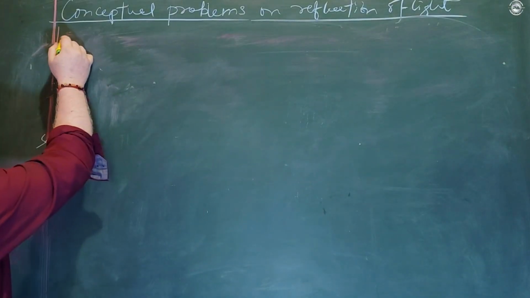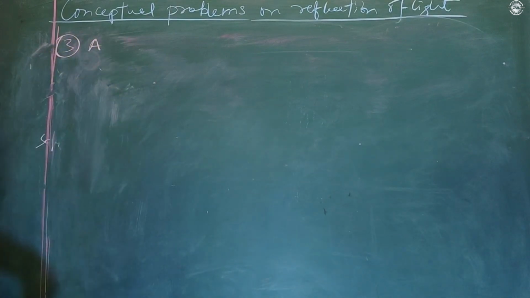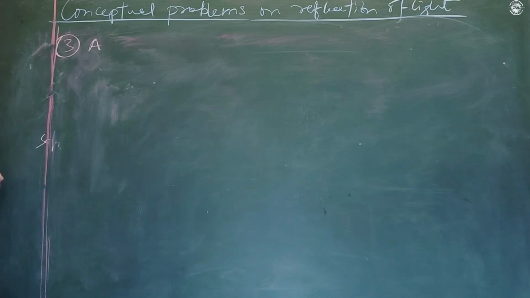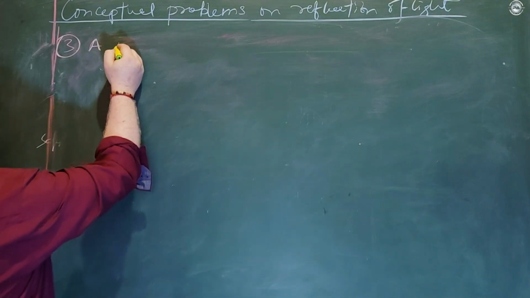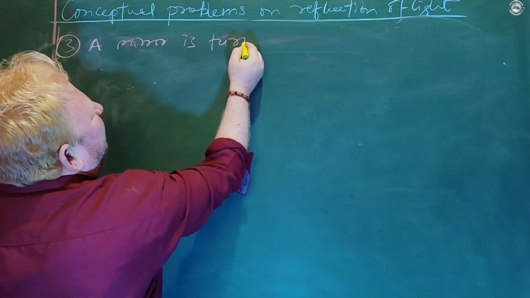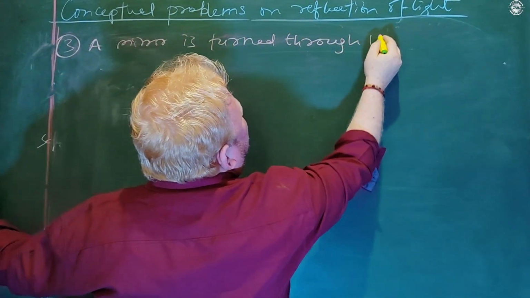Next, let us see the question. Question number 3. A mirror is turned through 15 degrees.